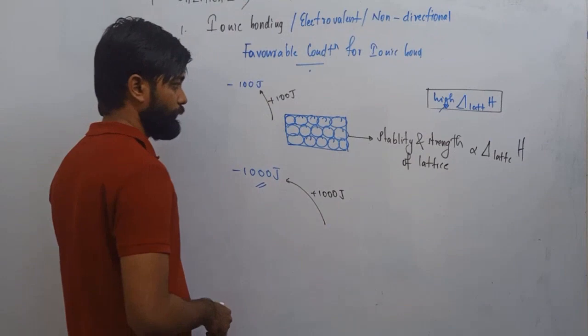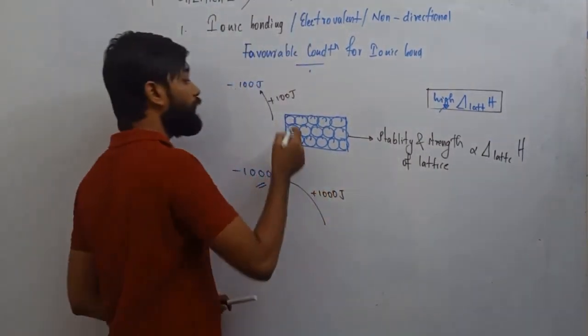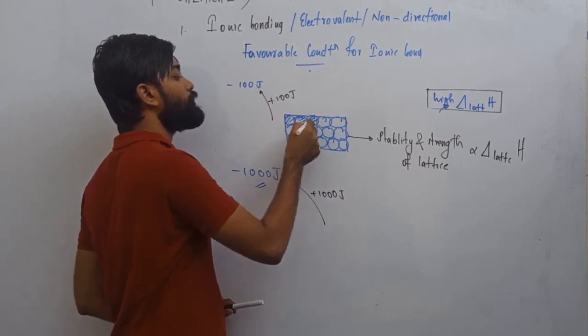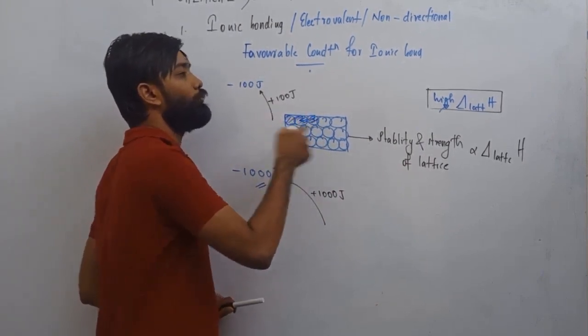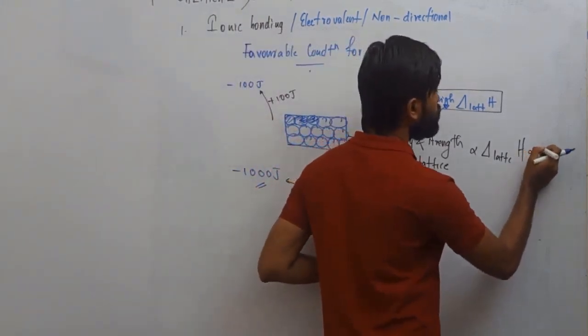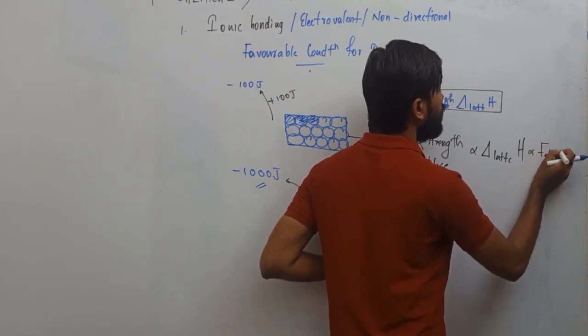So what factors does lattice energy depend on? No doubt, lattice energy depends on the force of attraction between the constituent ions, and we all know that is the Coulombic force of attraction.